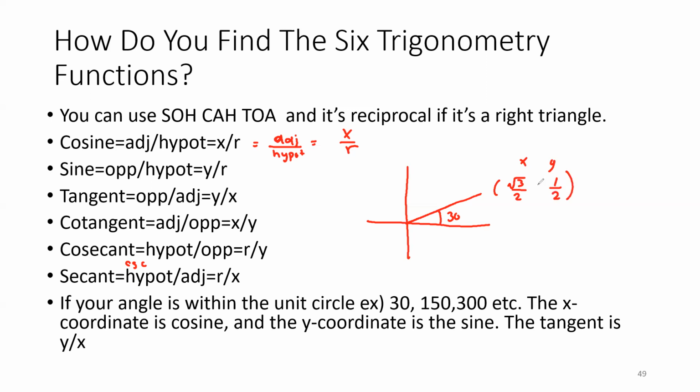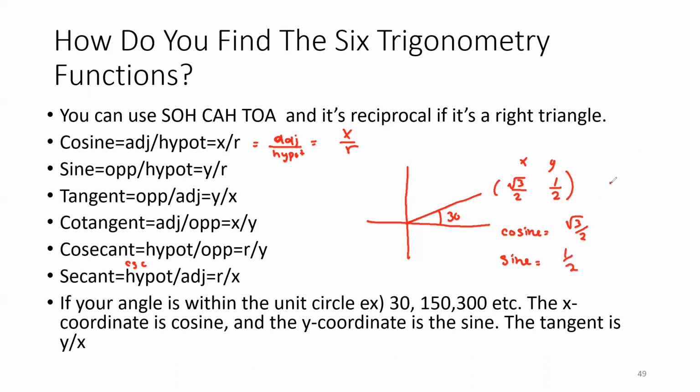Now, this is actually easier. They say that if it's a degree within the unit circle, you don't have to do that SOHCAHTOA stuff. What you could do is you could say that cosine is the x-coordinate. So in our case, cosine would be radical 3 over 2, okay? And then sine is the y-coordinate, which is 1/2.